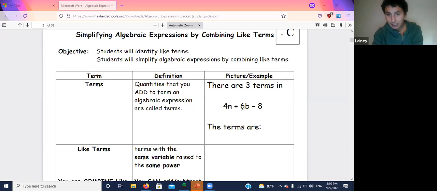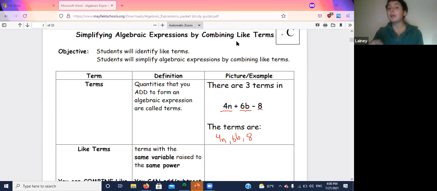So a good idea is to split it into what's separated by an addition sign. So what's one of the terms that you see there, in any order? 4n. Yeah, 4n. So the terms are 4n, like you said, 8 and 8. These are separated by addition and subtraction signs. Does that make sense? Yeah.